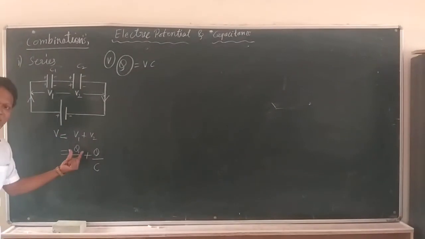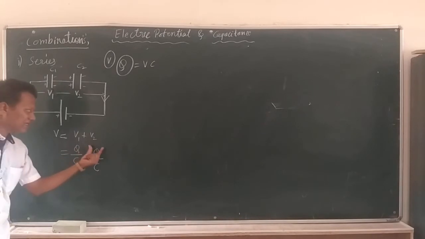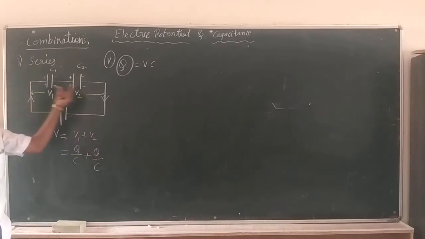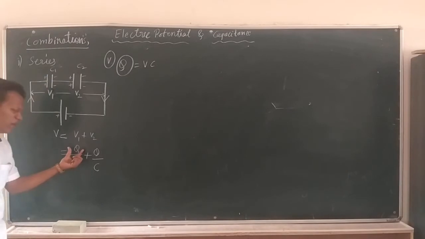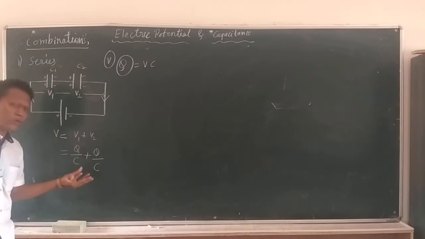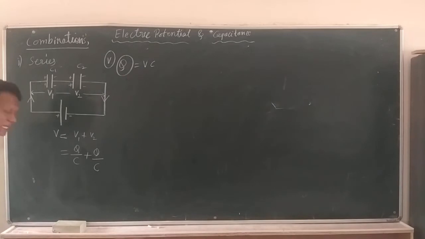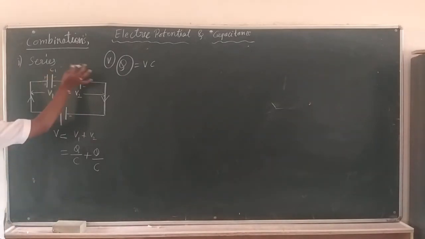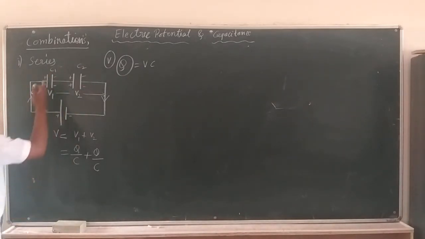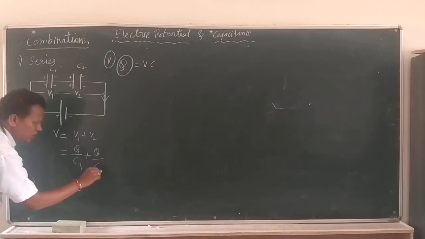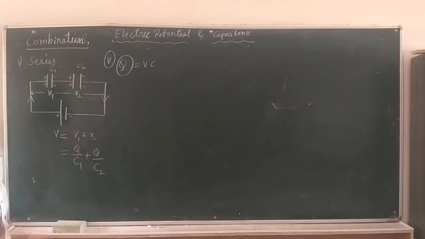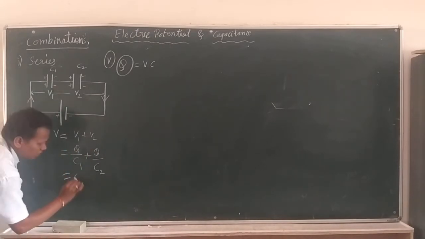We need to understand this through the circuit. A few minutes back I said that the same charge Q passes through C1 and C2, so there is no question of where to write 1 and where to write 2. C1 is there, C2 is there; I have taken two capacitors, so C1 and C2 must be written. Q is a constant, so take it outside.